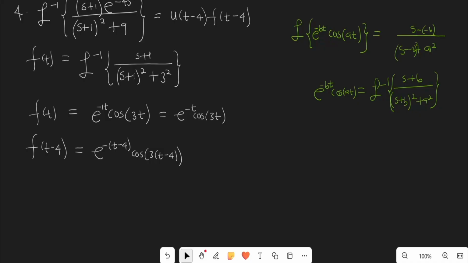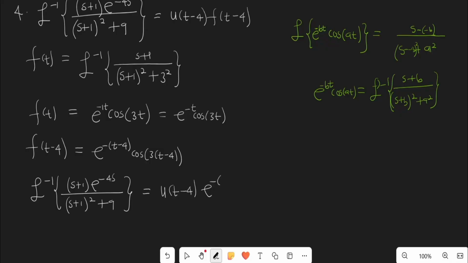Now you can go back to question 4. That means the Laplace inverse of s plus 1 multiplied by e to the negative 4s divided by s plus 1 all squared plus 9 is equal to u of t minus 4 multiplied by f of t minus 4, which is e to the negative into t minus 4 multiplied by cosine of 3 into t minus 4.